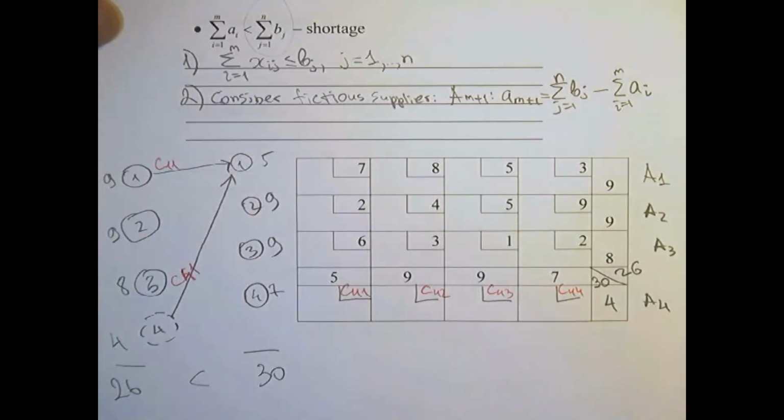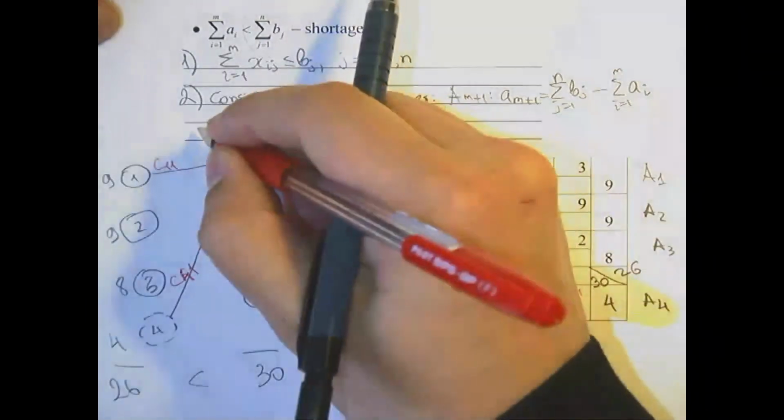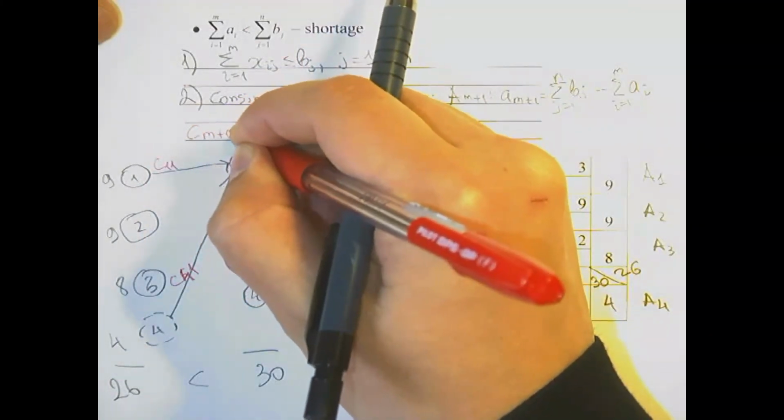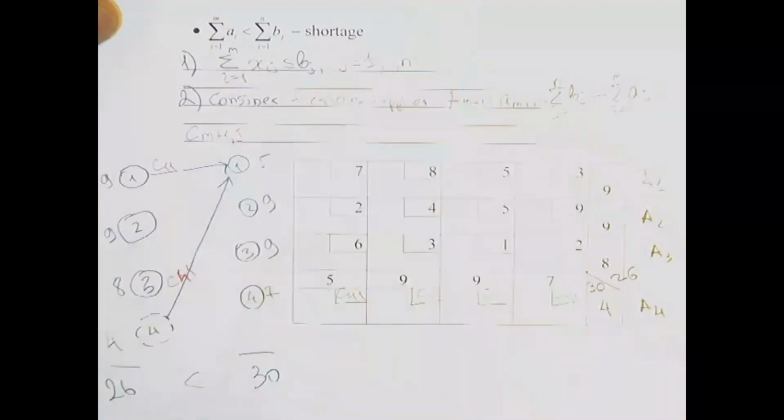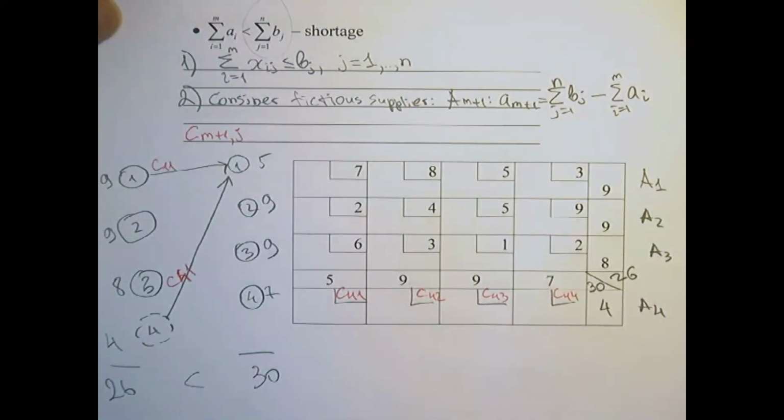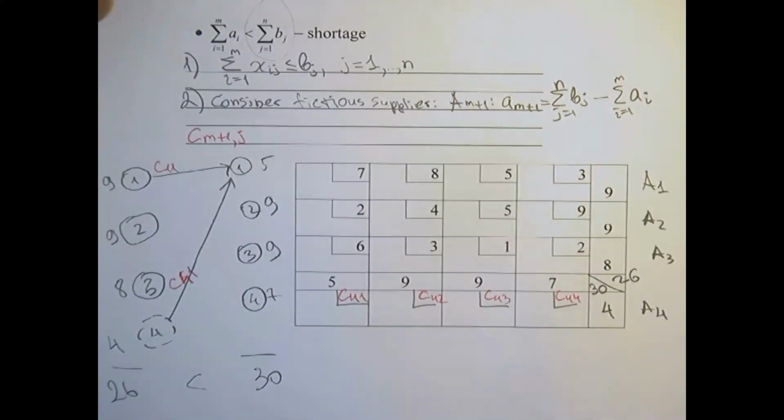In this case our fictitious costs are the following: c_(m+1),j. So it is the penalties for unsatisfied demand of 1 unit of our product for customer number j.